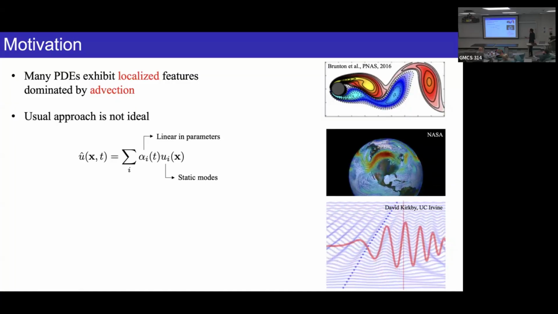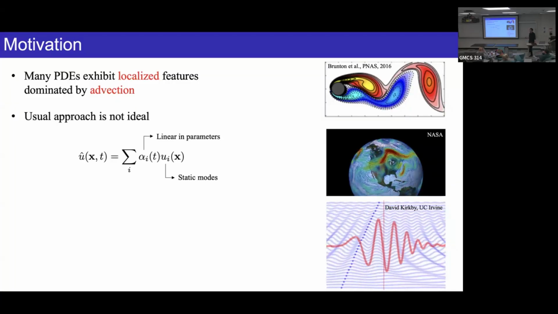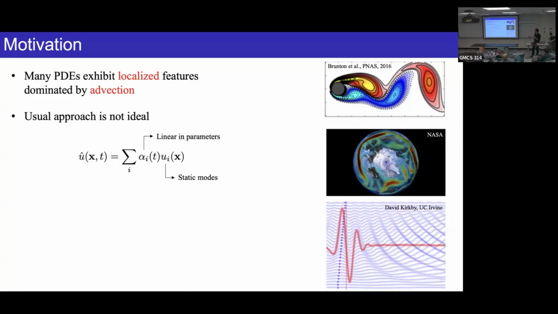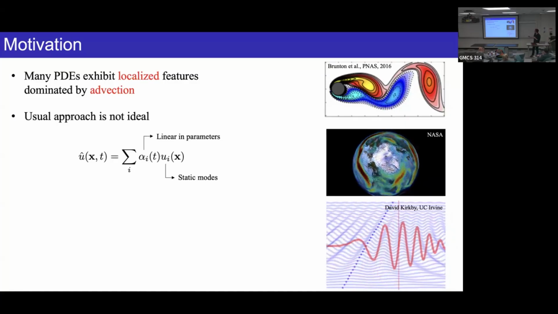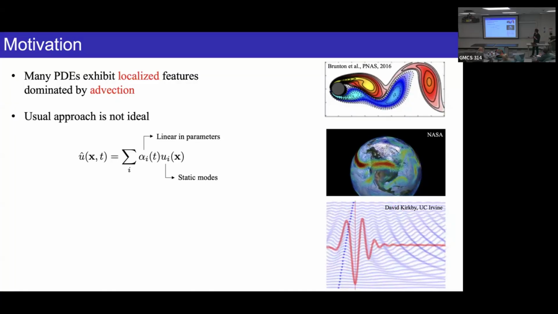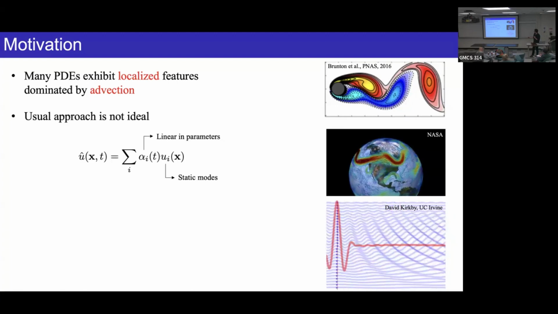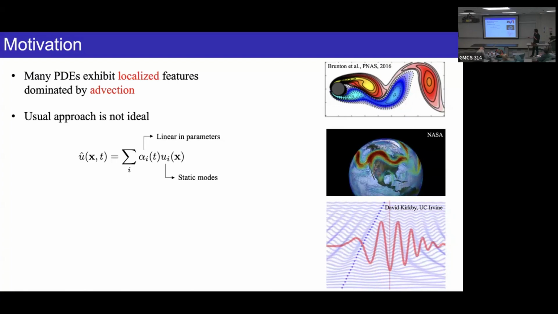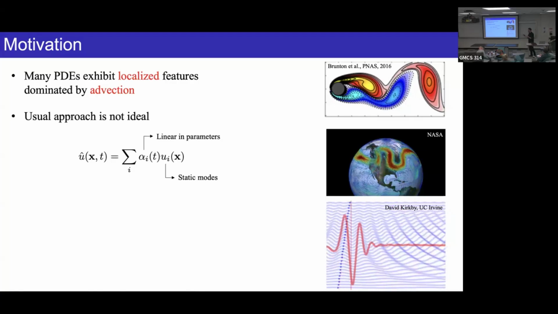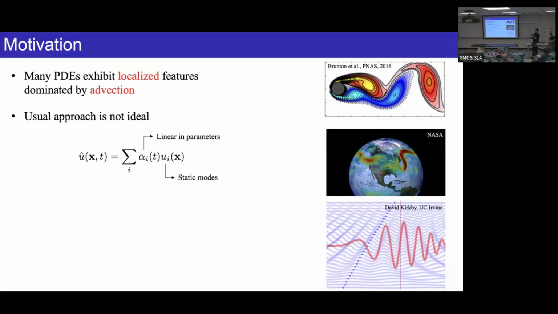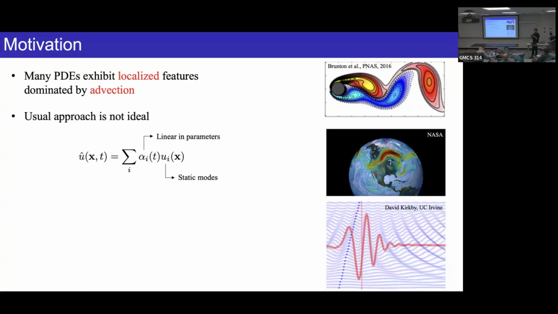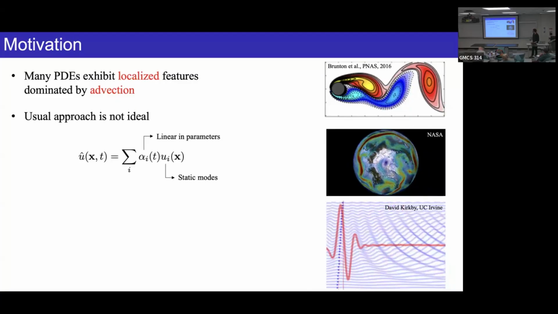It's not very efficient, therefore, to have basis functions that are globally defined and do not adapt to these localized features of the solution, whether they are jets or vortices. The same problem appears in waves, where you usually have wave packets where a lot of action is happening in a part of your subdomain, but not everywhere. So you want your basis not to be globally defined, but somehow be tethered to these features that are moving around and changing shape over time.